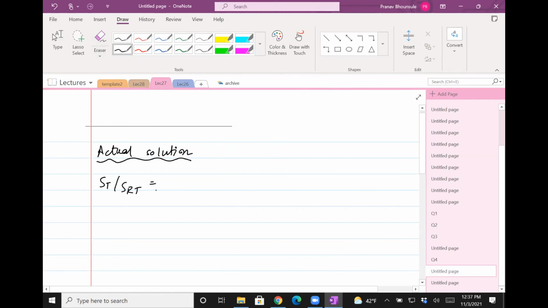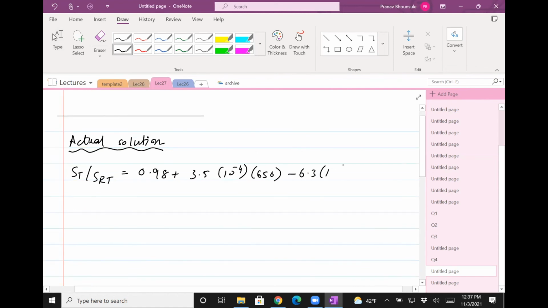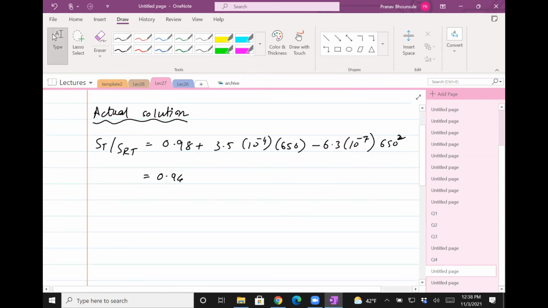That formula is 0.98 plus 3.5 times 10 raised to negative 4 times TF, which is 650, minus 6.3 times 10 raised to negative 7 times 650 squared. So this comes out to be 0.94. This is all I need to find the ultimate strength at a different temperature.